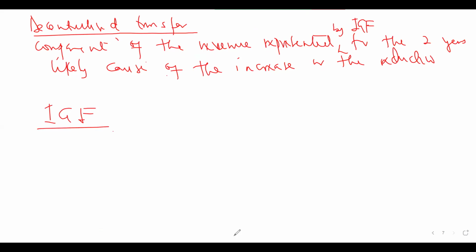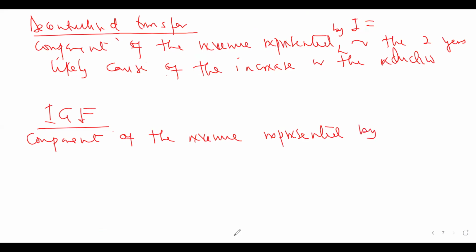Talk about the component of the revenue represented by IGF, and the component represented by the decentralized transfer, for the 2 years, and maybe comment on the component. Is there a reduction or an increase?